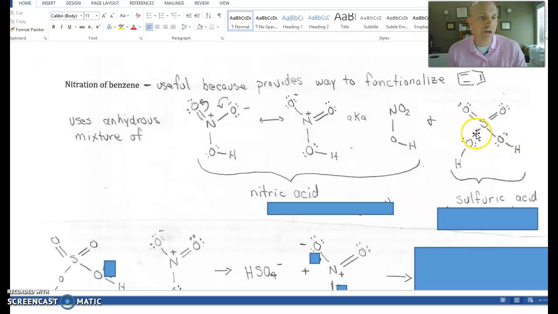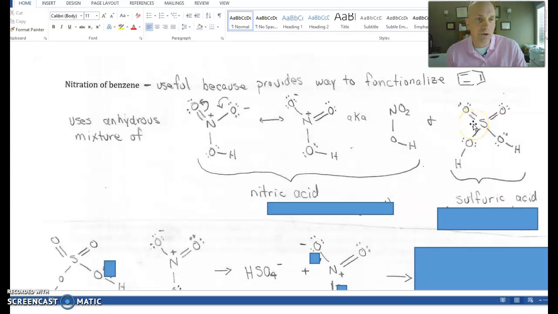One thing I just want to point out about sulfuric acid is, notice that this particular form of the Lewis structure shows the sulfur exceeding the octet rule. If you count the total number of electrons that sulfur would have, it's got 2, 4, 6, 8, 10, 12.